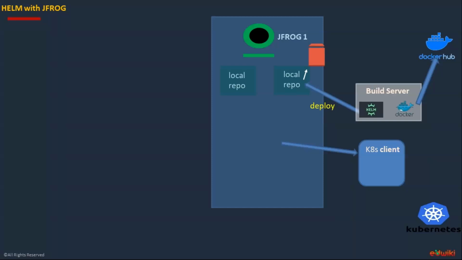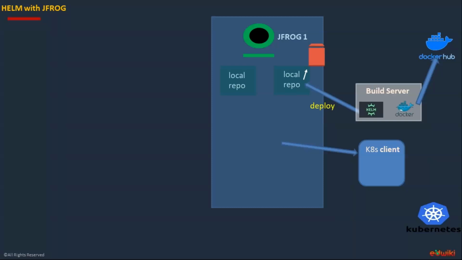The thing is, if I wanted to download the Helm chart from the JFrog, how do I know in which local repository the Helm chart is there? You got me? If we have multiple local repositories, as it is allowing us to create multiple repositories just to make some isolation or separation, just to organize things, right?